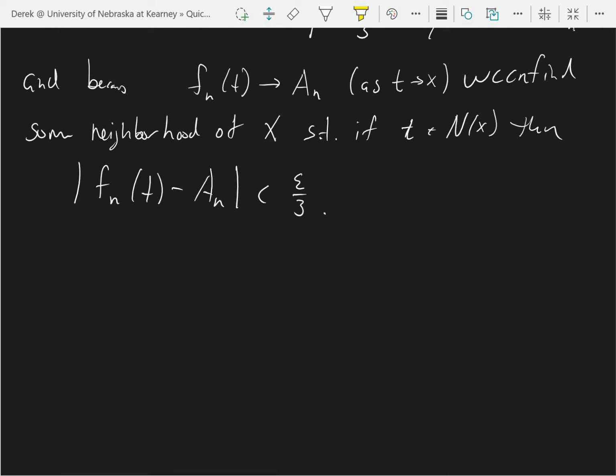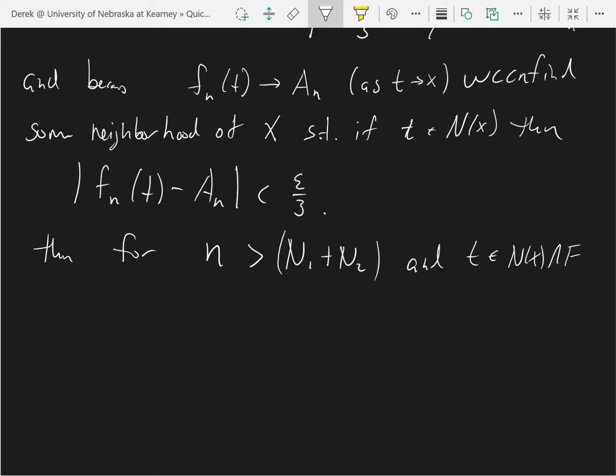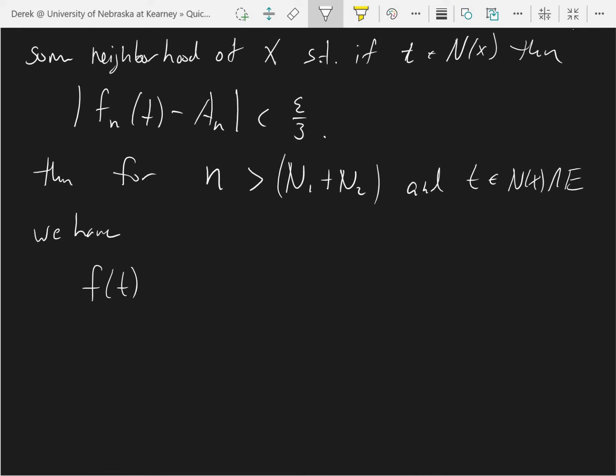Then if we put these things together, for n bigger than n1 plus n2, that makes it plenty big enough, and t in the neighborhood of x intersect E, we have what we needed, which was the absolute value of f of t minus a is less than epsilon over 3 plus epsilon over 3 plus epsilon over 3, equal to epsilon. And that proves that.